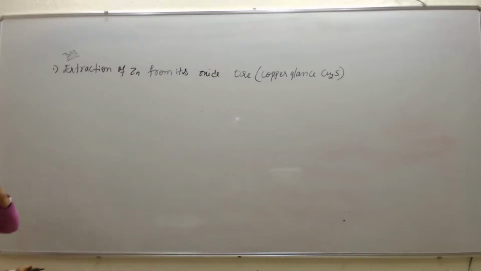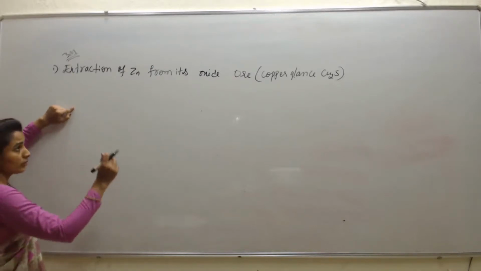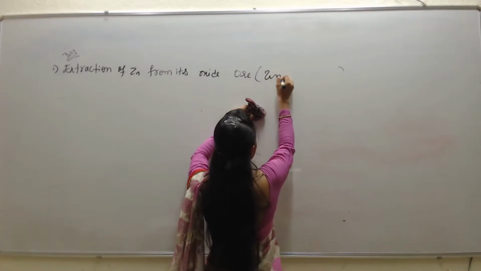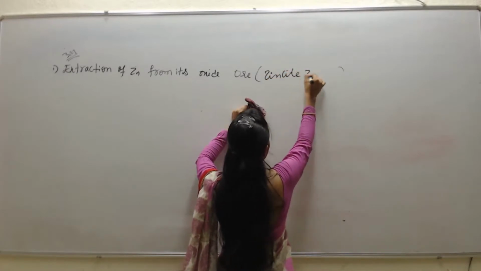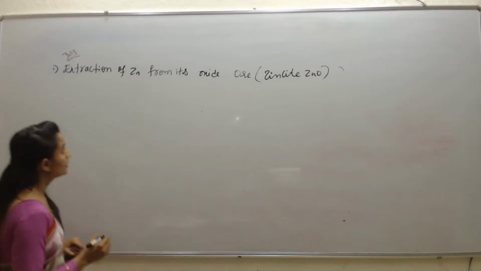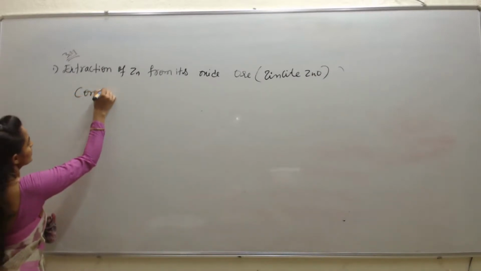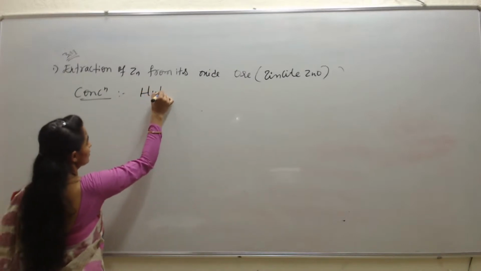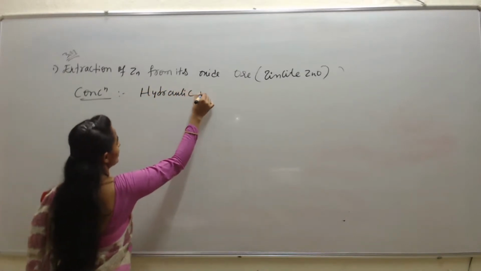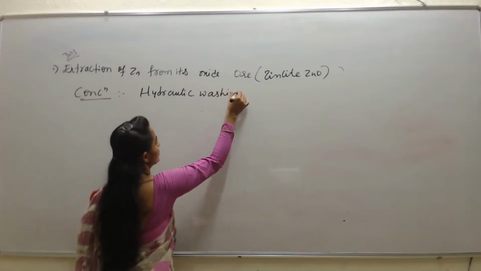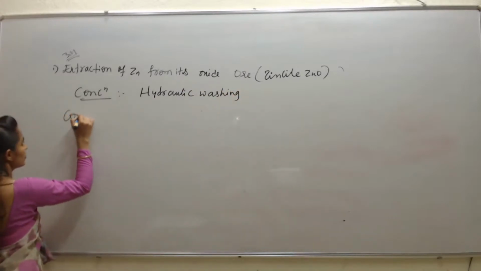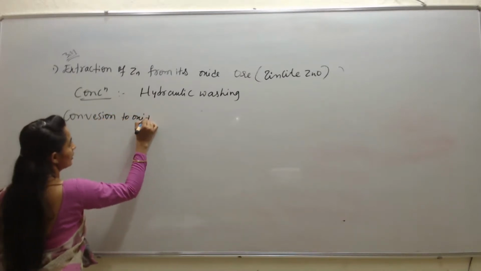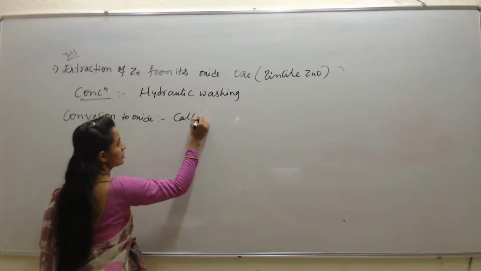So here what happens? The zinc oxide ore is zincite. Here the concentration process, I told you, is hydraulic washing, and the conversion to oxide, it is already an oxide ore, so it is calcination.